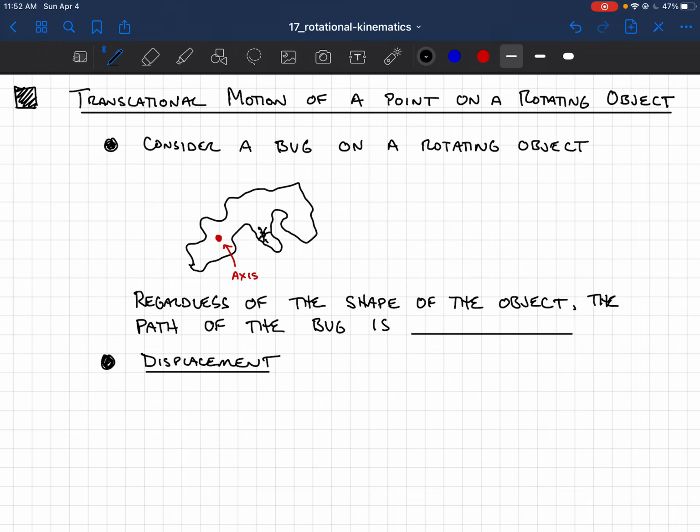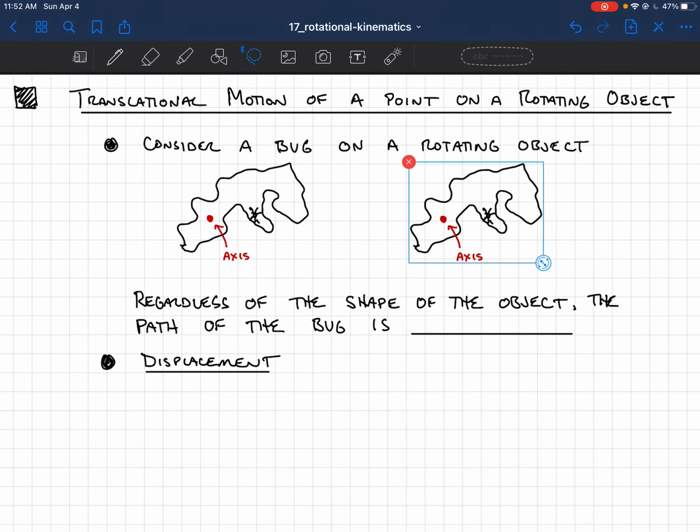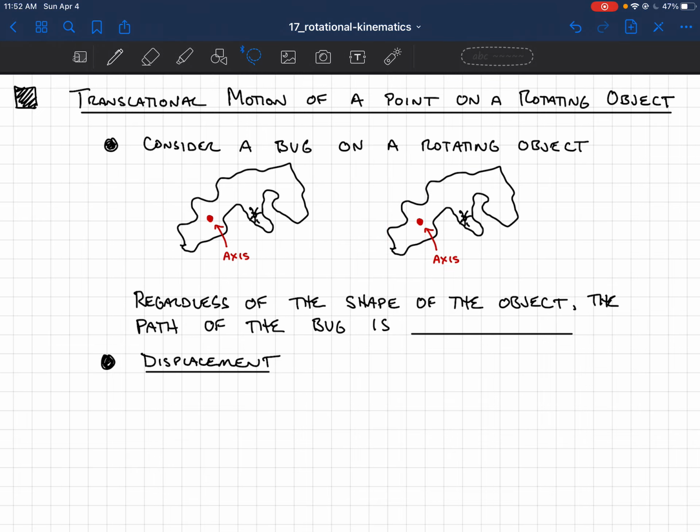There's our bug. And then we can consider what happens when that thing starts to rotate. Oh geez, I have no idea how I'm going to draw this again. Let's try it. I can copy it to give us our initial point. So this is what it looks like initially.